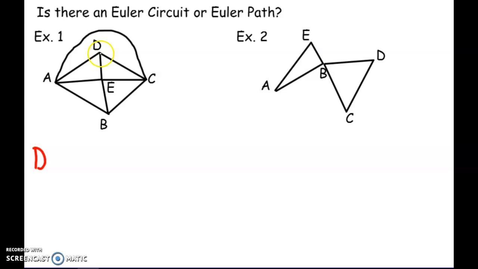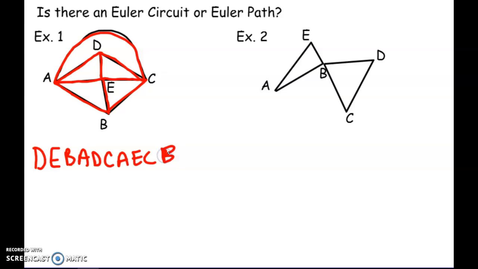So if I went from D to E, and then from E to B, and then to A, and then to D, and then to C, and then we can go back to A, back to E, back to C, so A, E, C, and finally B. If we look at our first and last point, telling if this was an Euler circuit or an Euler path, notice these first and last letters are different. That's going to say it's an Euler path.